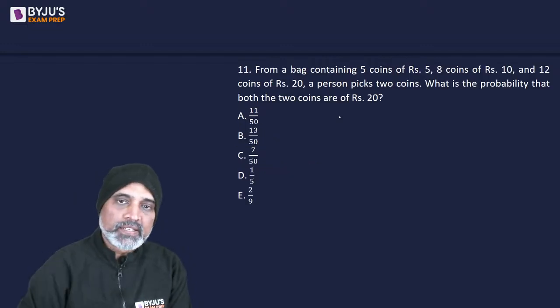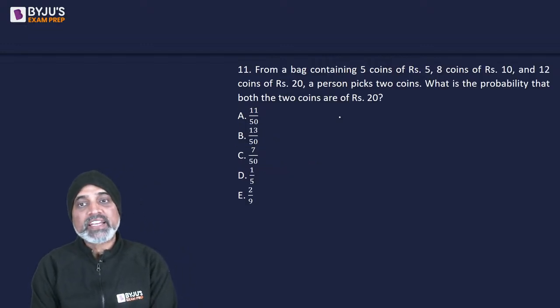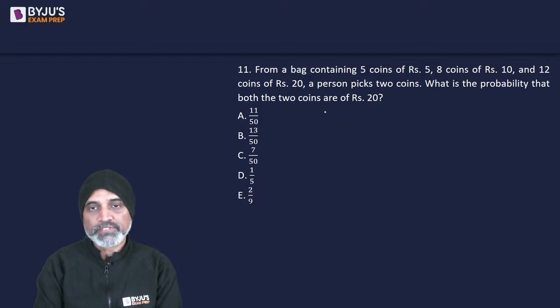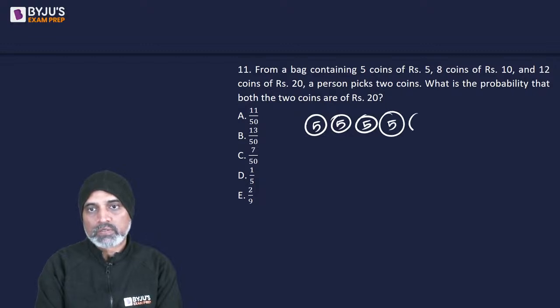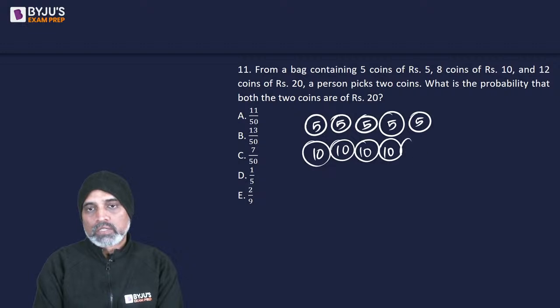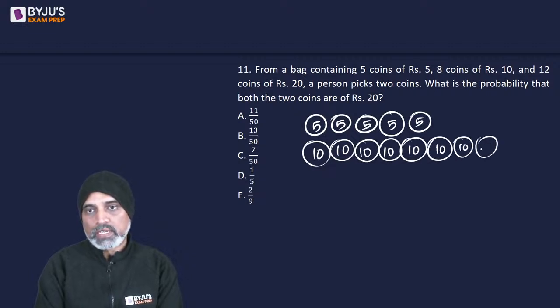Okay. Next, from a bag containing 5 coins of rupees 5. So 5 rupees give 5 coins. 8 coins of rupees 10. 5, 6, 7, 8.